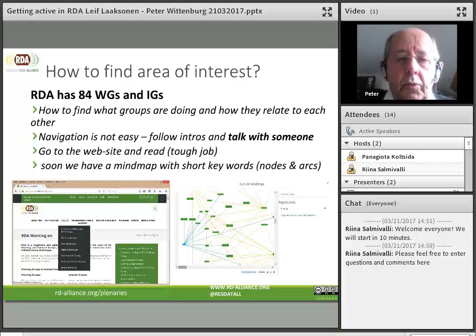Of course, you can go to the website. I think Leif at the last slide has a few references. You can go to the website, go to every group, read the material, and finally you are still figuring out what is the right group that is addressing your topic, or whether you should start a new topic, or whether the topic has already been dealt with by another group.